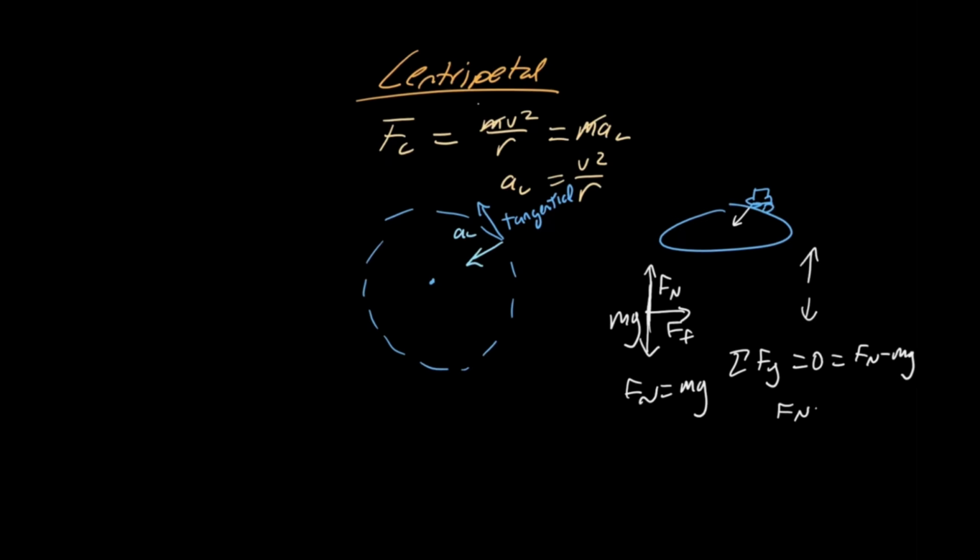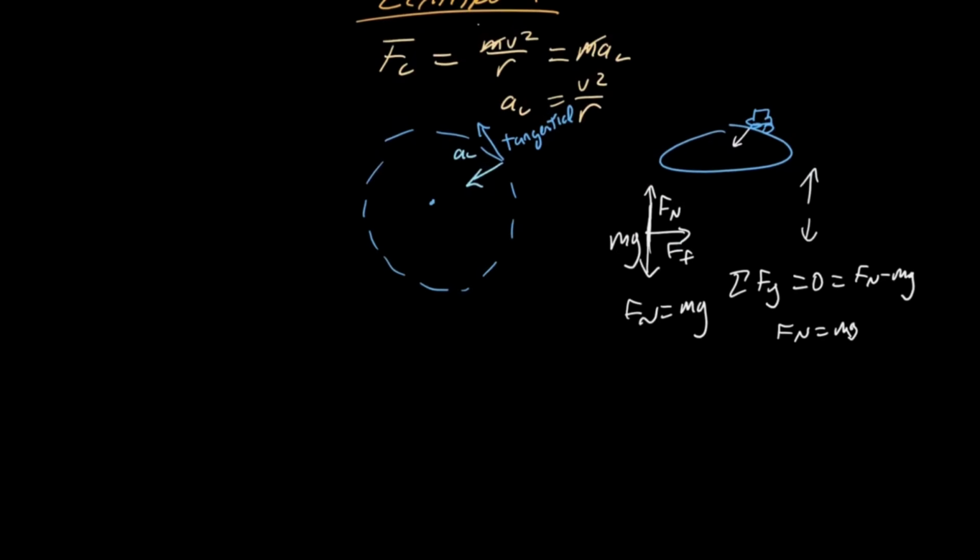So that means that Fn, as we've previously concluded, but just confirming, is equal to mg. We know that our sum in the x direction is simply equal to Ff because both of these forces do not act in the x direction at all, right? Which is equal to mv squared over r, which is equal to m ac, which is also equal to mu mg, because we can make this substitution, right?